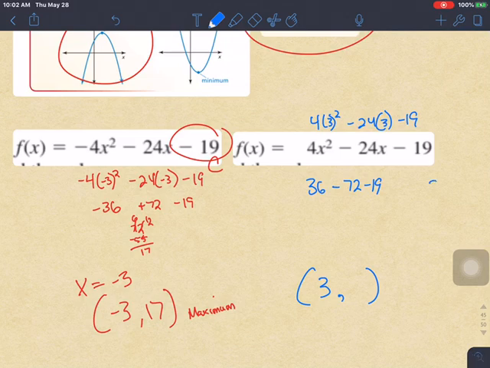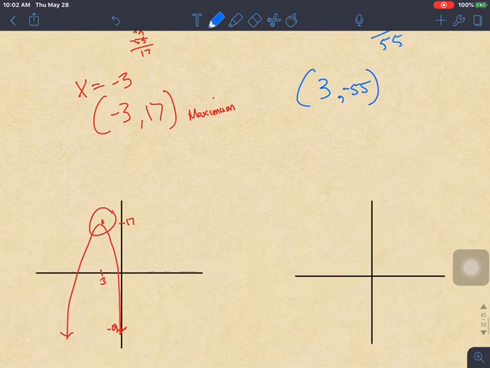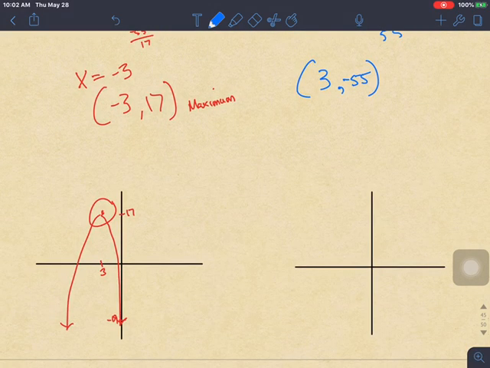So 36 minus 91. It's kind of like 91 minus 36. That's 55, so this is a negative 55. So this vertex is at positive 3, way down at negative 55.